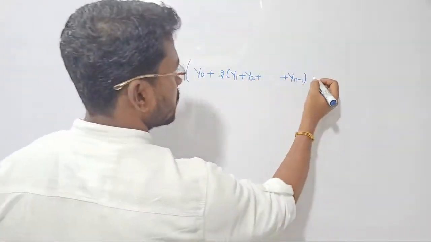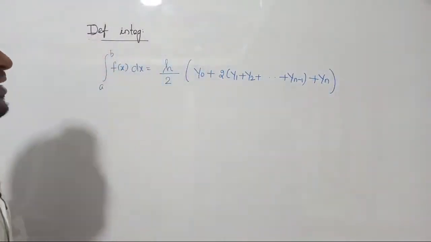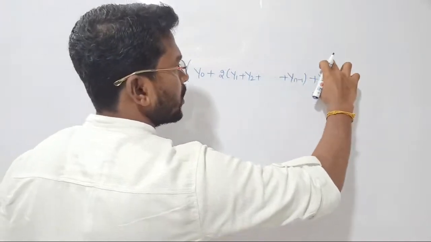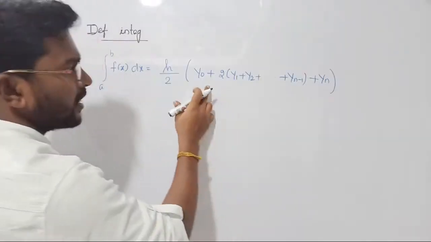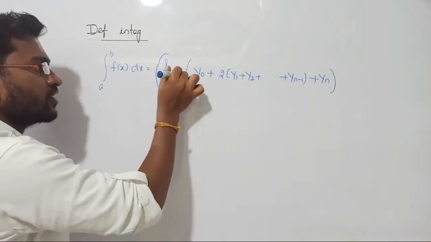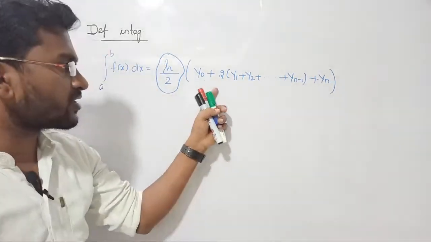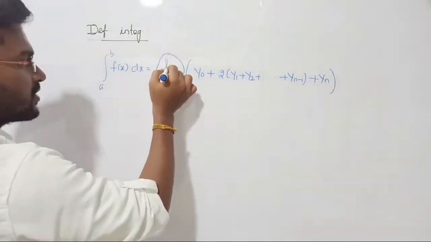Yes, you're correct, right? This is going to be yn. With this, guys listen, we have estimated the total integration, that is the total integral area. With this we have to estimate the step size for each and every function, for how many step sizes we are trying to estimate each and every area. So just consider h by 2 here.